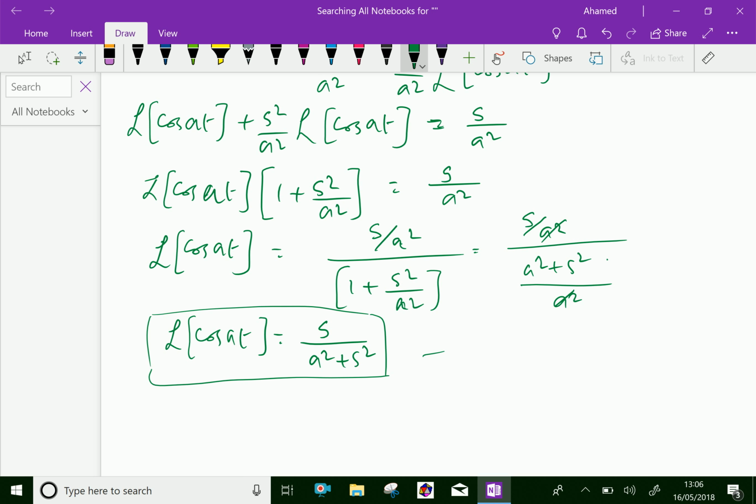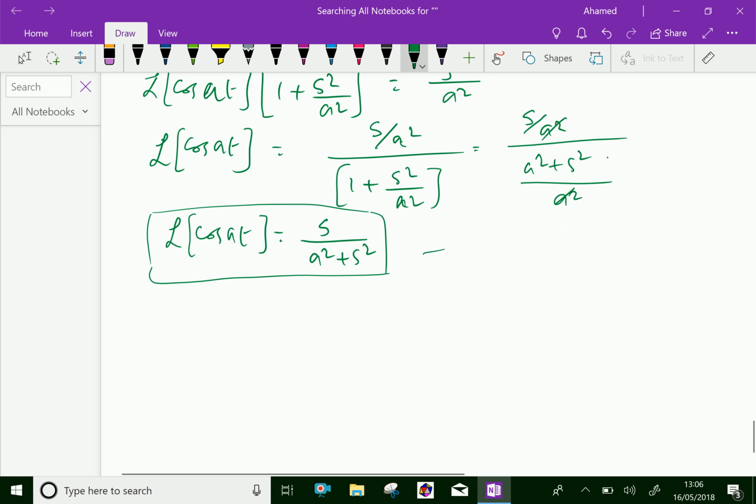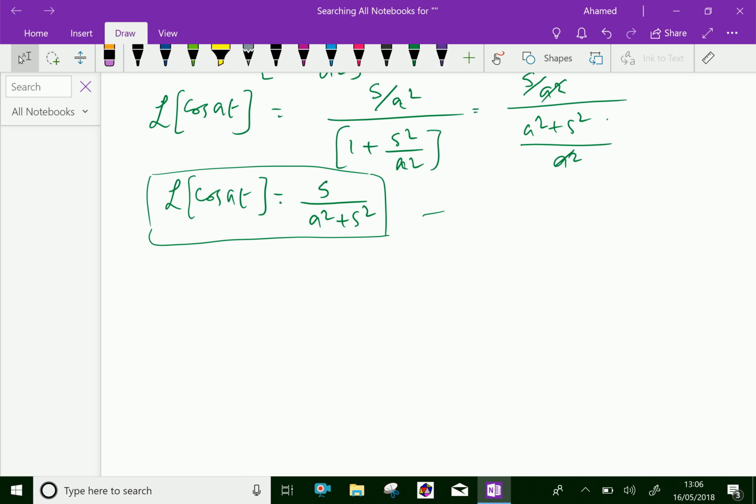We have done this. Now this Laplace transformation of cos at we can do by one more method, and we'll change the color.